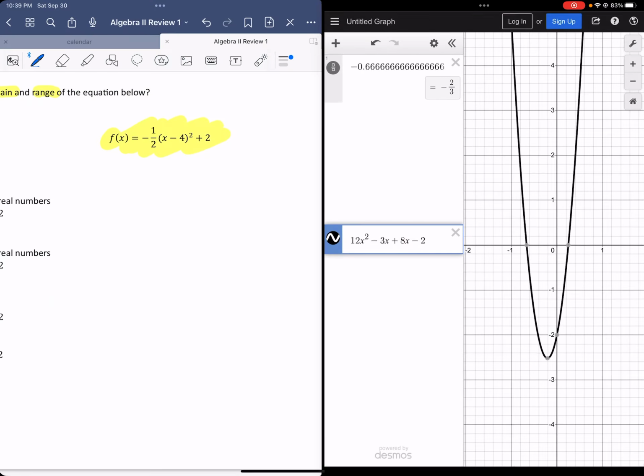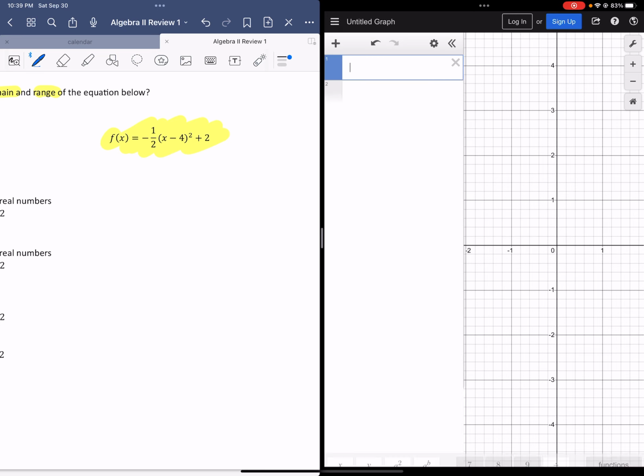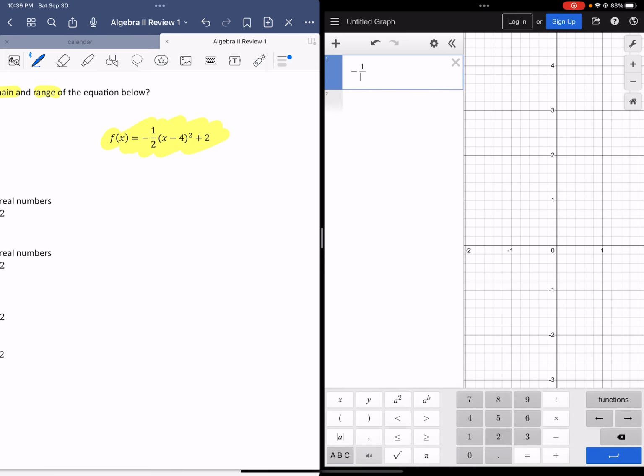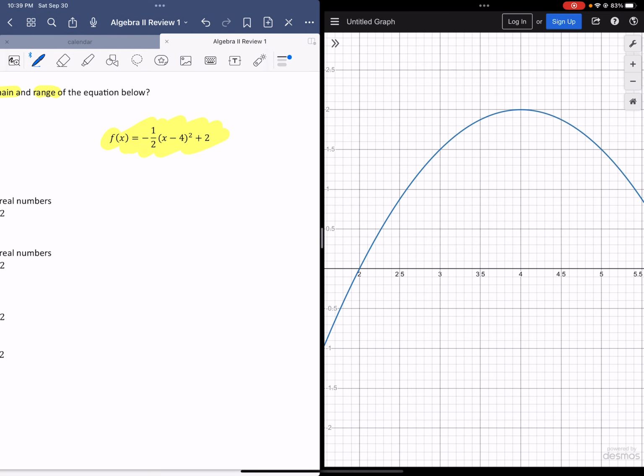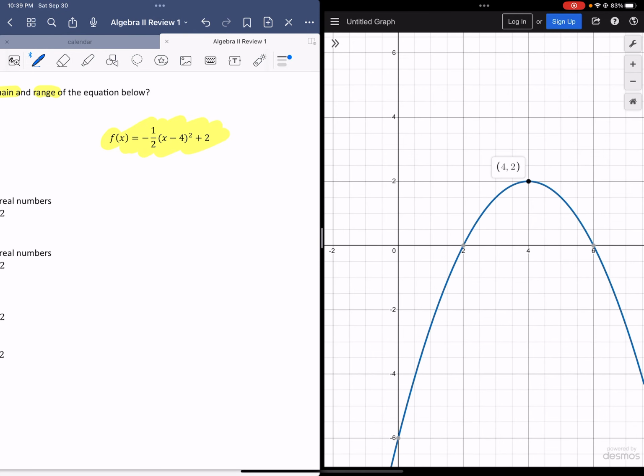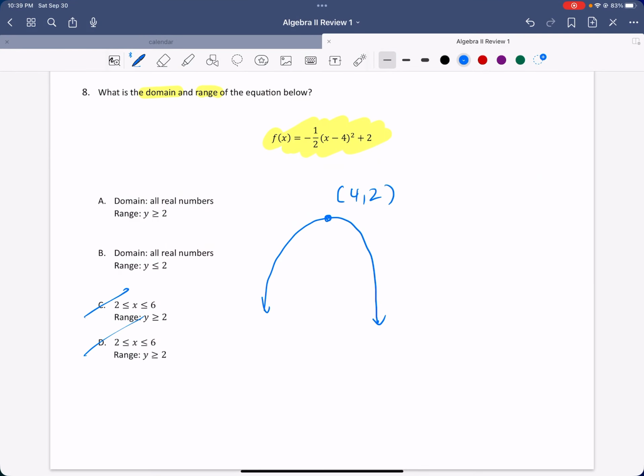In fact, you don't really have to, but if you don't have a strong foundation, it's better to always do it. So we got this graph here, beautiful. Look at this, our graph is concave down, and our vertex is (4, 2). That's all I need.